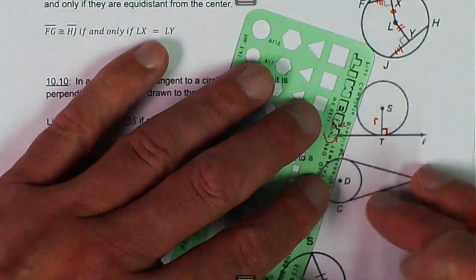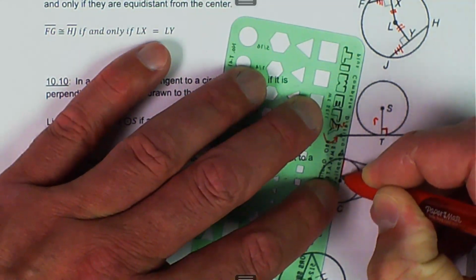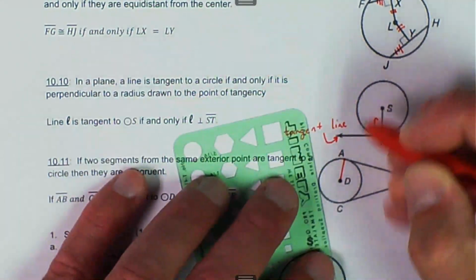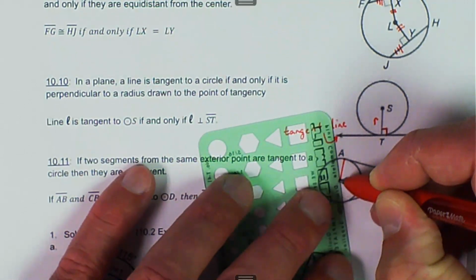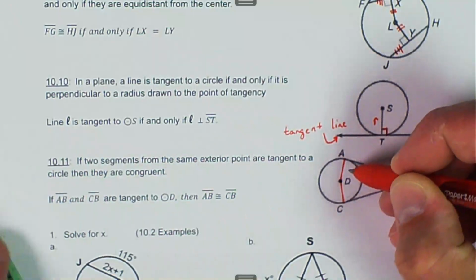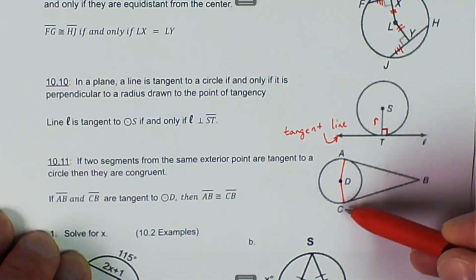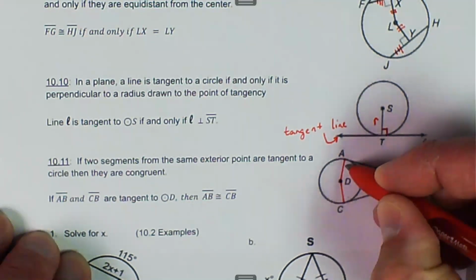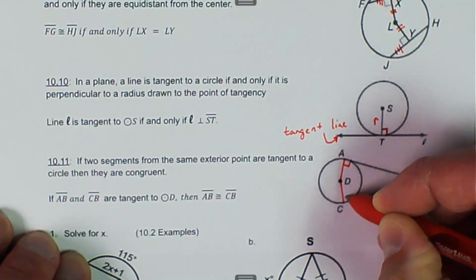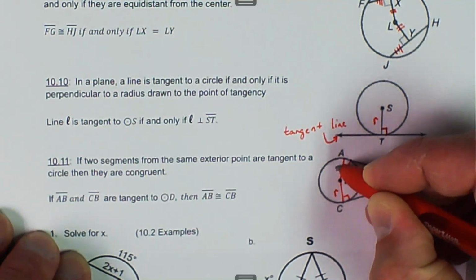So if we draw a radius from point D up to point A, and we draw a radius from point D down to point C, if line segment AB and CB are congruent, this has to be a 90 degree angle here, and this has to be the radius.